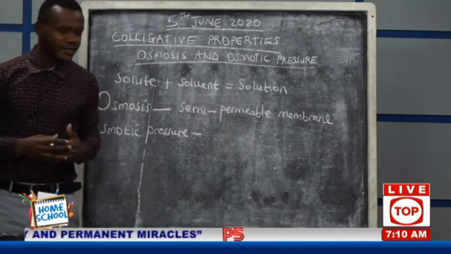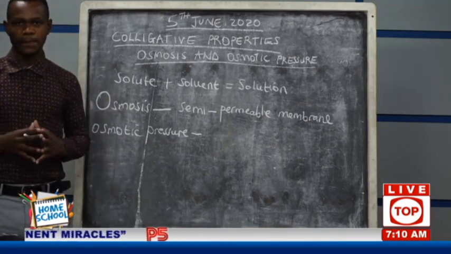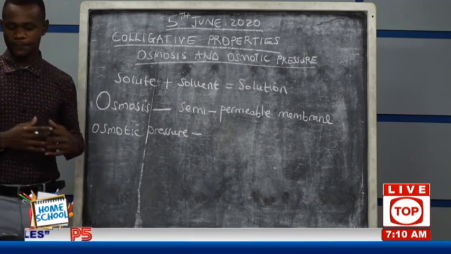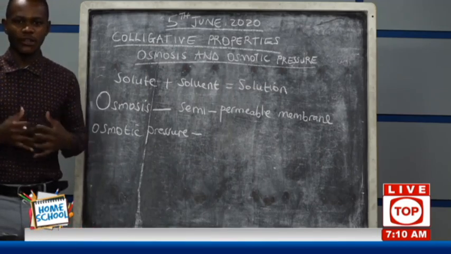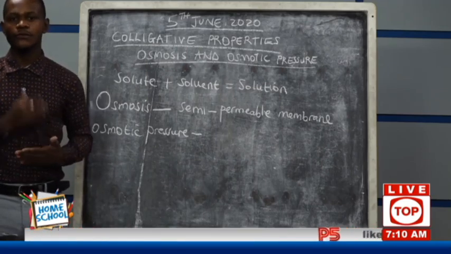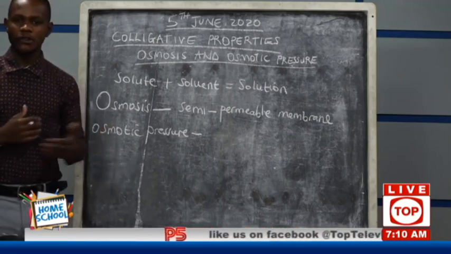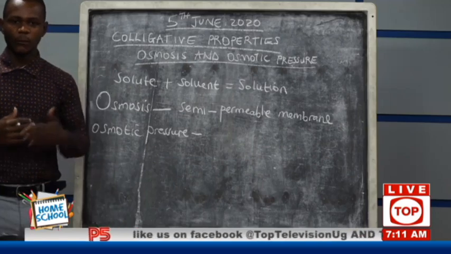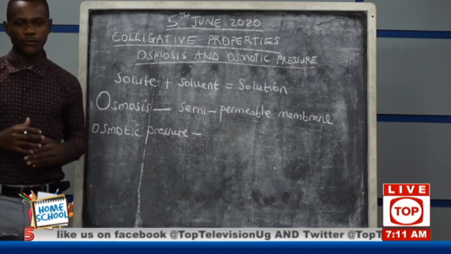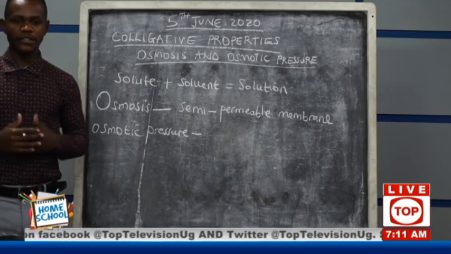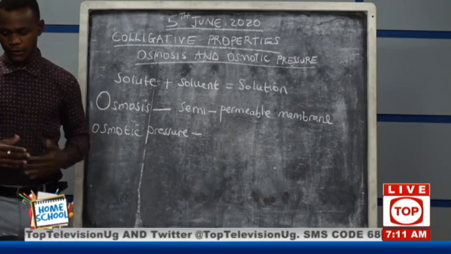This one, osmosis, is the movement, okay? But osmotic pressure is the pressure that is trying to curb that movement of solvent molecules, the crossing of the solvent molecules. With them, we are going to see how important it is to block these solvent molecules from moving.